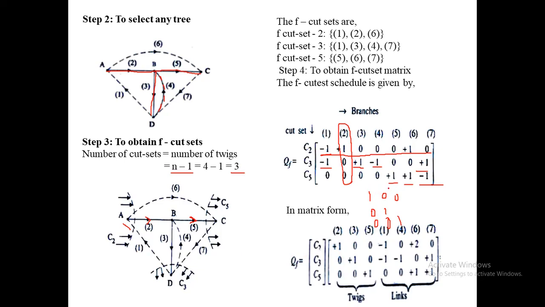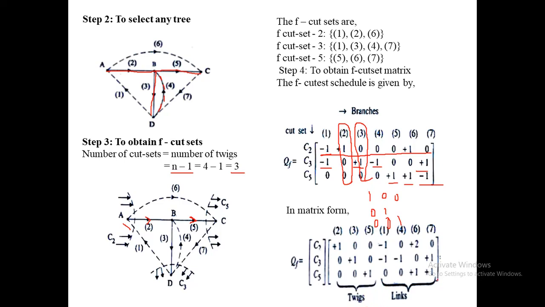Next column is 0 1 0. Here the third branch value is 0 1 0, so we write the value. Then 0 0 1, the branch 5 value is 0 0 1. The remaining we write as it is. Here we select these 3 columns as twigs.